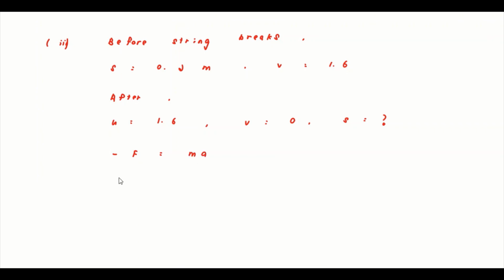So negative mu R, 0.2, and the R just now is 3 Newton, equal to the mass of the first particle, which is 0.3, multiplied by acceleration. From here we get 0.3a equal to negative 0.6, so a is equal to negative 2.